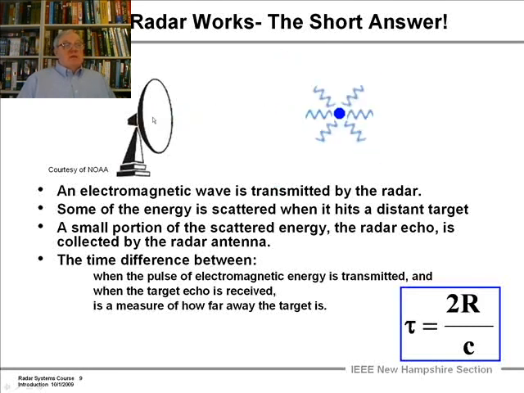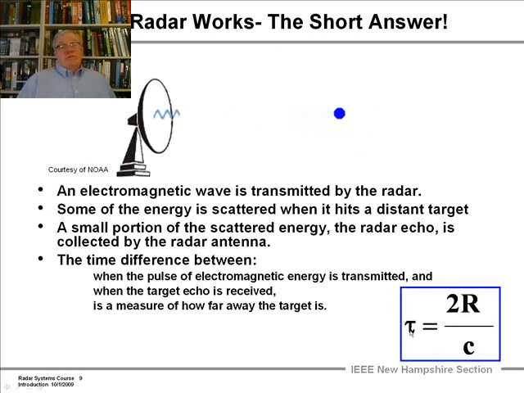It will be received, listened to, and the round-trip time it takes for the electromagnetic radiation will give you a measure of the range, because the electromagnetic radiation is traveling at just about the speed of light. And so the time difference will tell you how far things are.